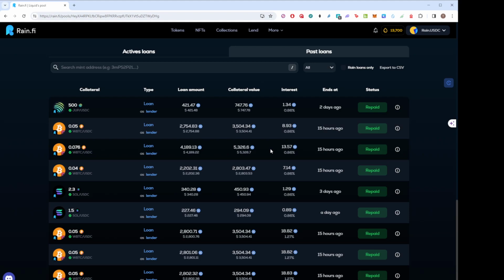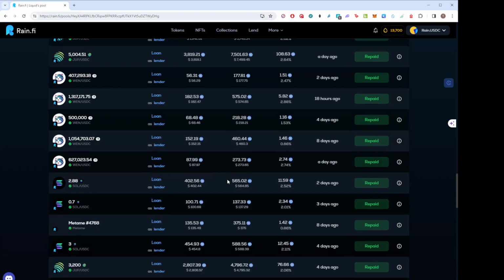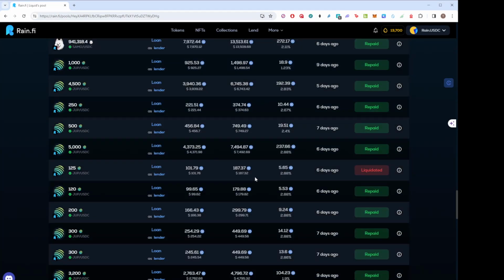However, what happens if the person doesn't repay the loan amount? Well, if we go down to one of the liquidations, for example this one, 125 dupe was borrowed against USDC, and they took out a loan of 101, and they put up 187 as collateral.